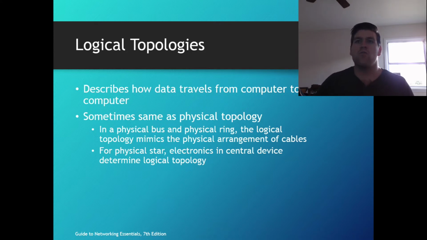So the way data is transferred is mimicked by the physical arrangement of cables. But for physical star topology, that's where the logical topology changes slightly. So the electronics of the central device actually determines the topology. And so we're going to look at that real quick here.